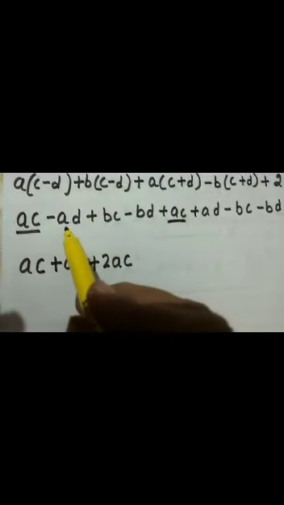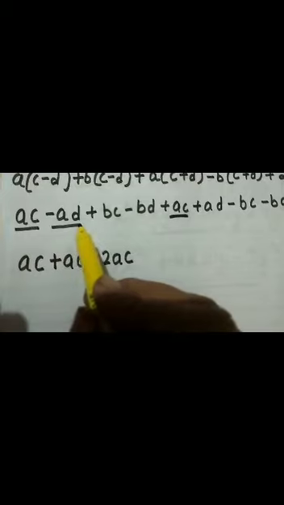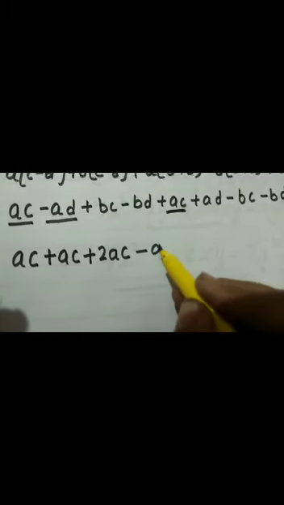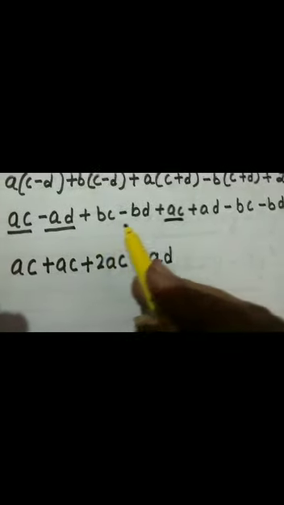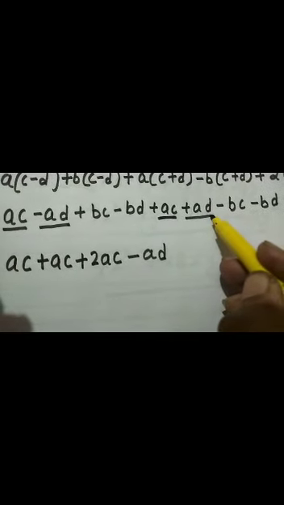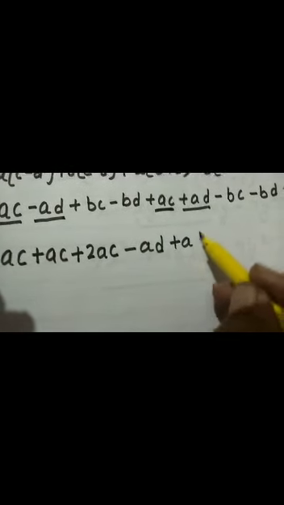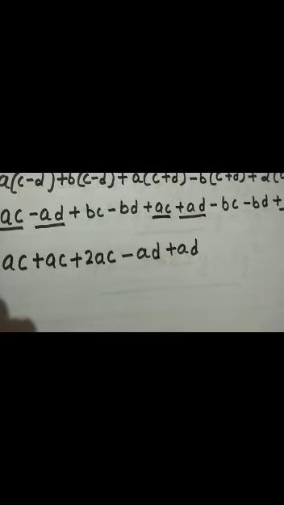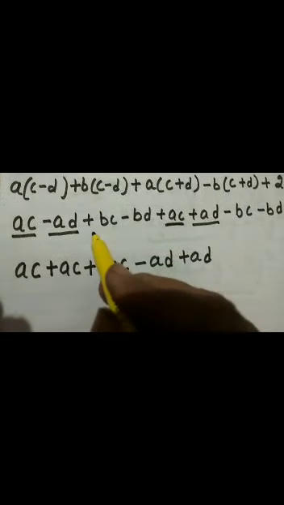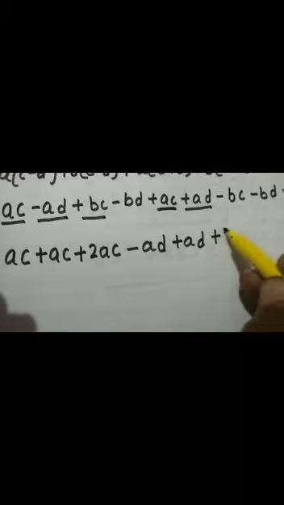Now we'll check our second term, that is minus ad. We'll take minus ad. Now we have plus ad also. Now we'll check the third term, that is bc.